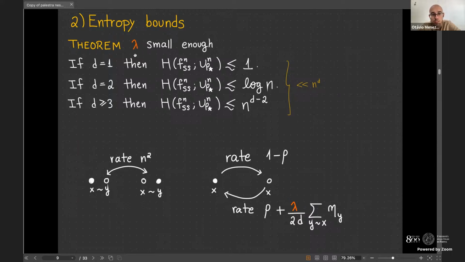So if the perturbation is small enough, then we can have dimension-dependent estimates for the entropy. In all cases, the entropy is much smaller than the volume of the system or the number of sites.